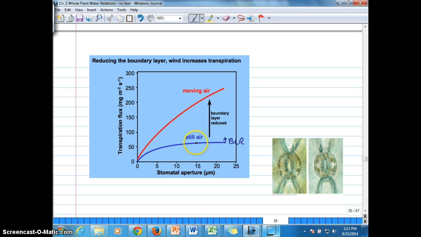But at, say, the same opening, if we've got a lot of moving air up here, then there's a greater degree of transpirational water loss because the boundary layer resistance is lower. This is a thinner boundary layer because the air is pushing that layer of dead air. That wind is pushing that layer of dead air surrounding the surface of the leaf away from the leaf. And again, that's going to increase the vapor pressure gradient, which is going to lead to higher transpiration rates.